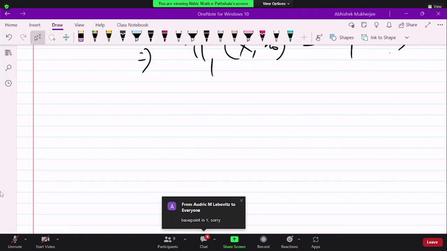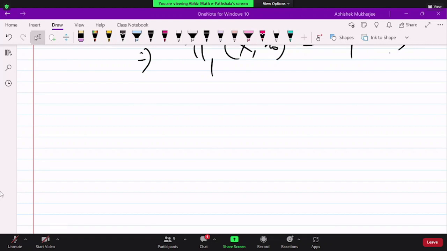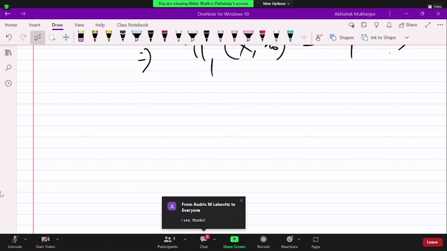Whenever you are talking about the homotopy equivalence, you do not need to specify the base points. But whenever you are trying to determine the fundamental groups, then you need to bring these base points into the picture, right? So this should be done in this way. But whenever you are relating the homotopy equivalence of spaces, that is not needed.